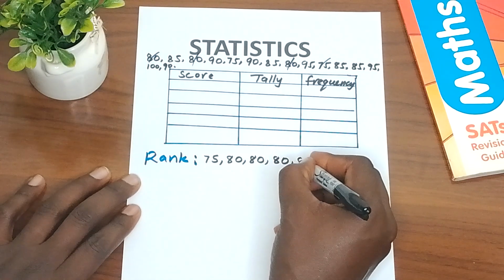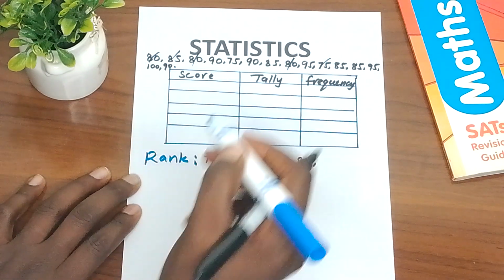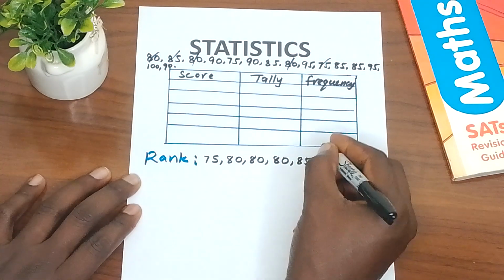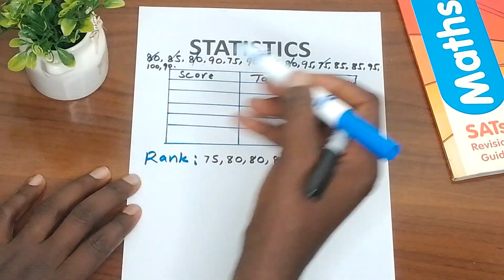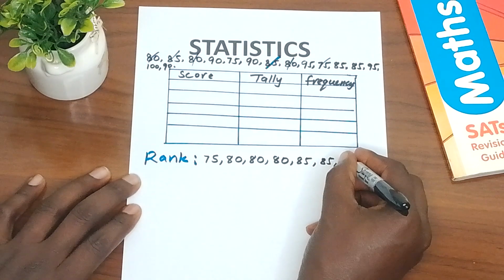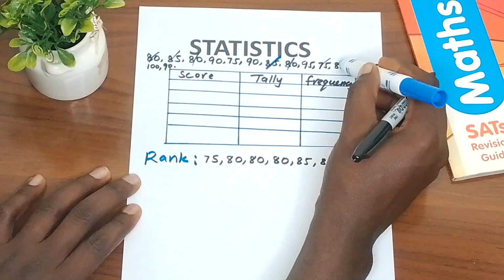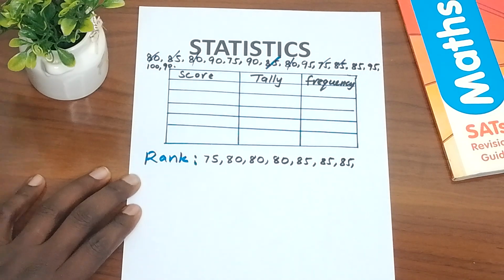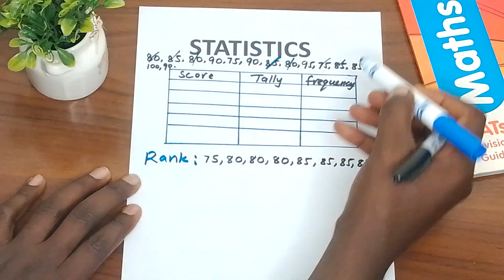Then we go to 85. We have this 85. We have another 85, which is this one. We have another 85, which is this one. We also have another 85, which is this one.